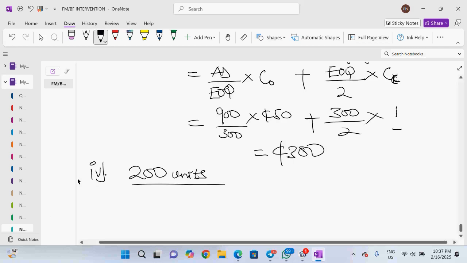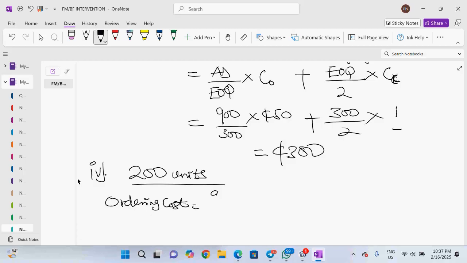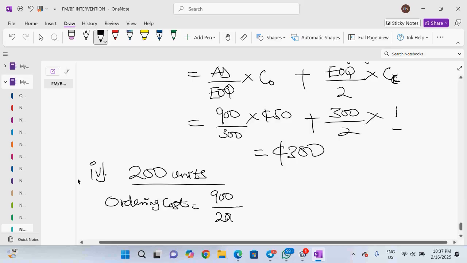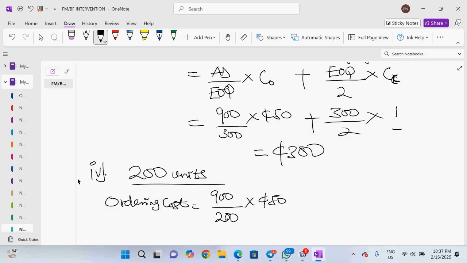So for the 200, what is the ordering cost? Ordering cost is annual demand. What is annual demand here? 900. Annual demand by 200, right? Times ordering cost, which is 50.